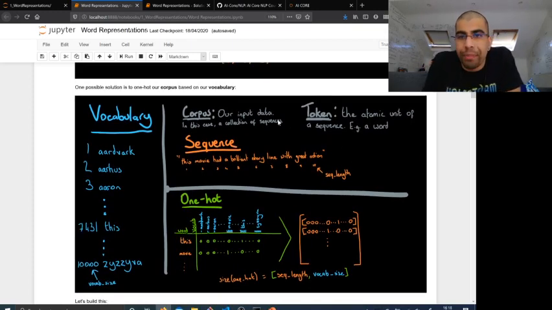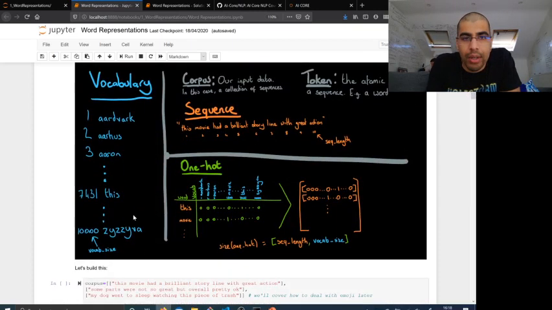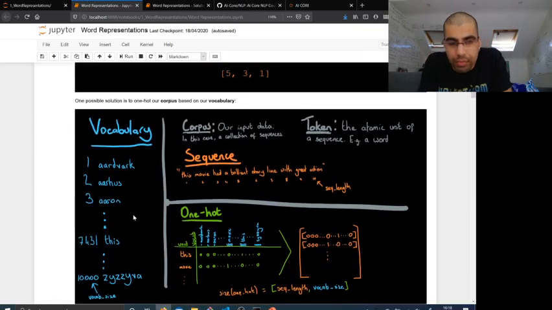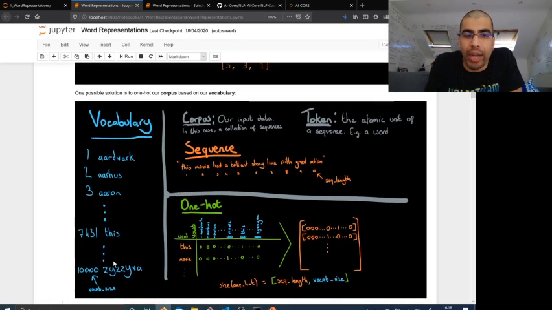Here this toy vocabulary has a size of 10,000, which means there are 10,000 unique tokens in our vocabulary.